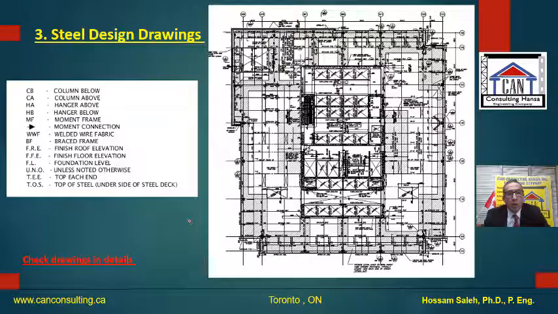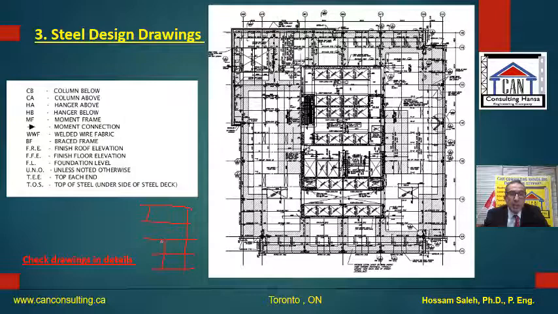Like here, column below. If you have elevations, and in these elevations, for example, the column is here, like let's have 3 columns, and here the other column will be like that, stops here, and in this area the architect wants to have a big space, so he can't have a column here, but the column will be moved to the other side.